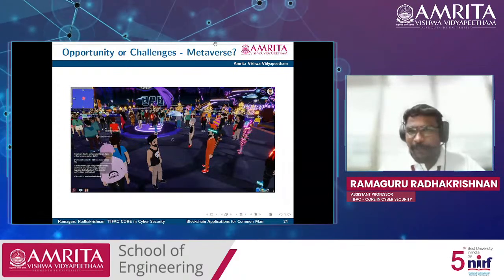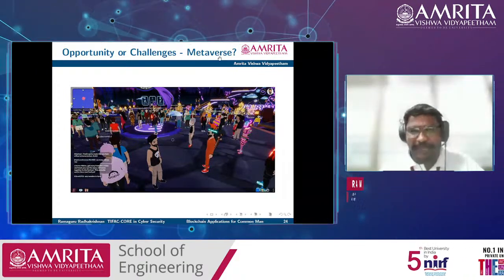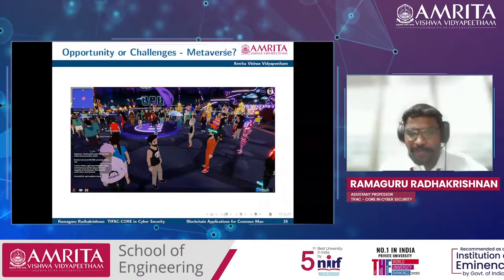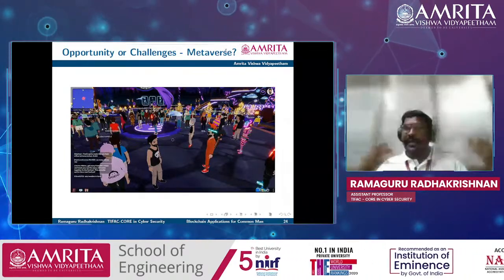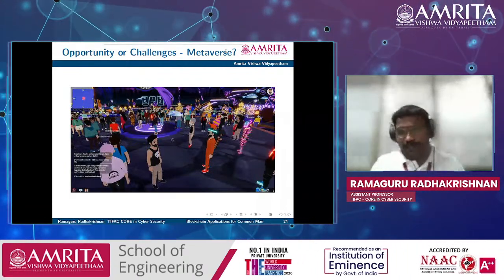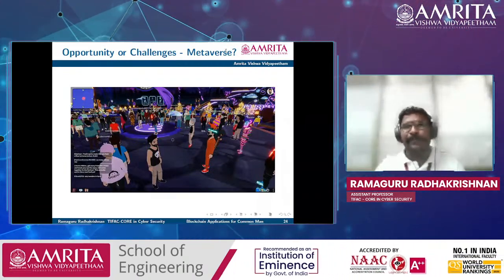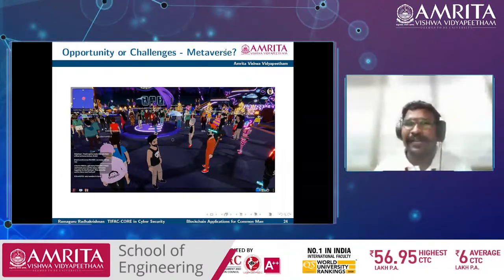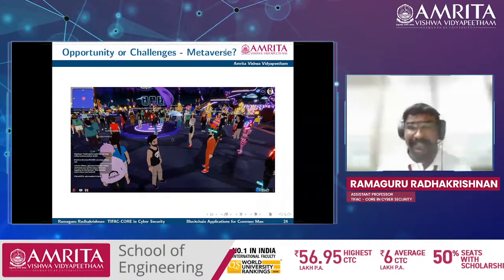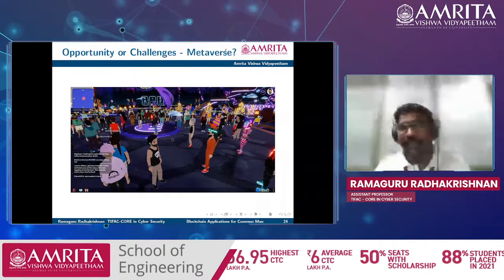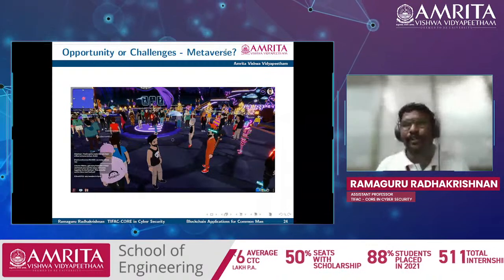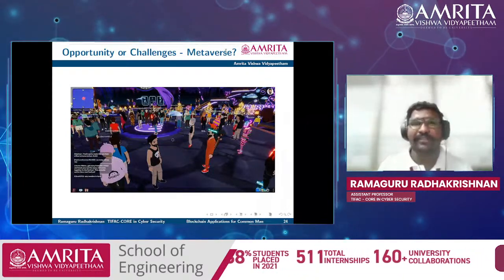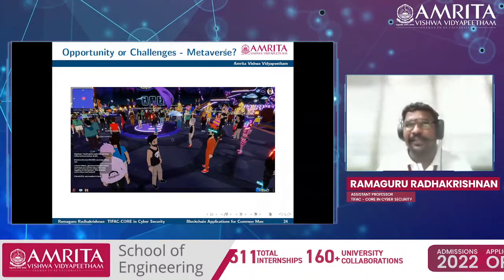A lot of people these days would be playing games, and most of these games today are VR, AR, virtual reality and augmented reality based games. After the announcement of Facebook's Meta, which is the Metaverse, the metaverses contain a lot of in-app assets, basically digital assets, which are managed through blockchain, and the currency used within the metaverses is cryptocurrency.